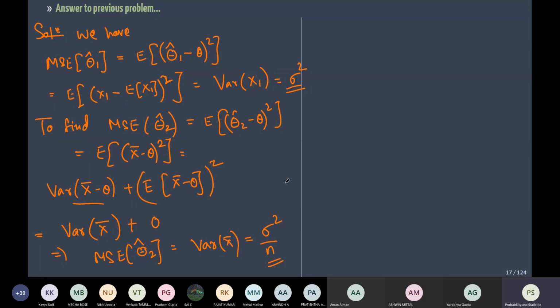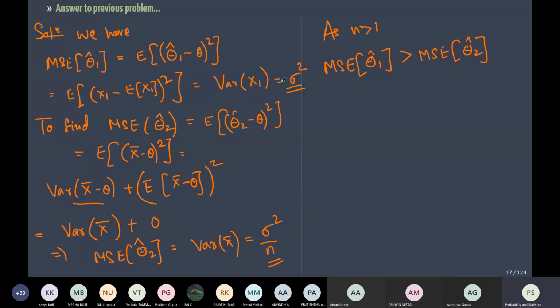As n is greater than 1, MSE of theta 1 hat is a bigger error than MSE of theta hat 2. And in fact, as your random sample size increases, the MSE error is decreasing. So that's a very good thing.